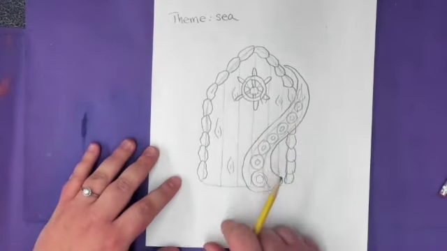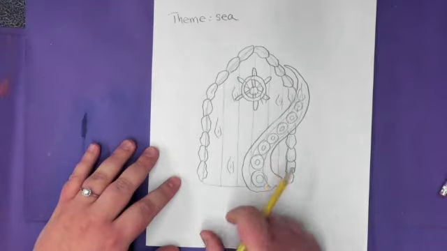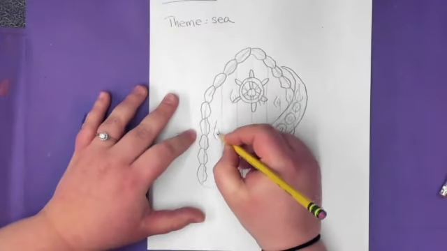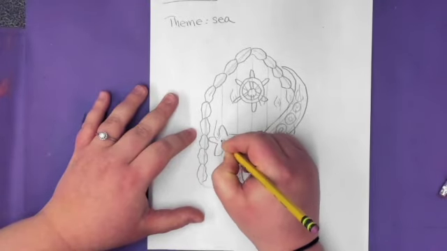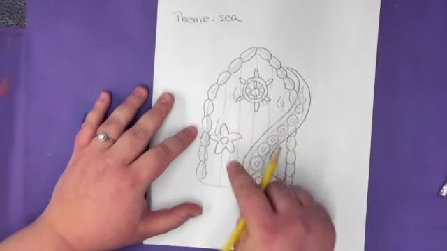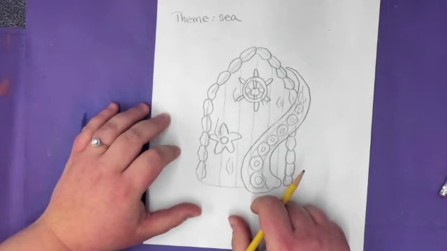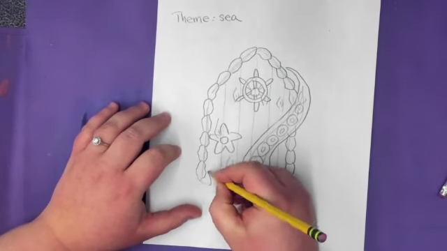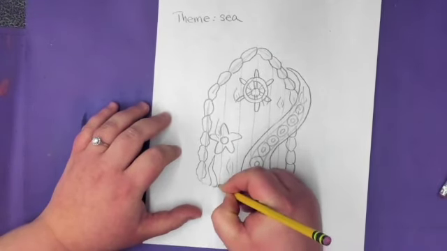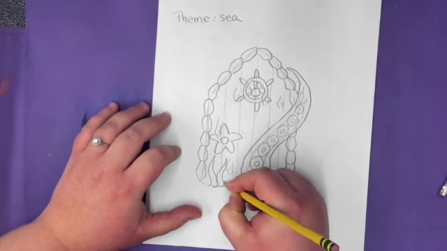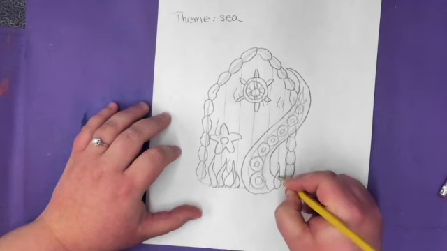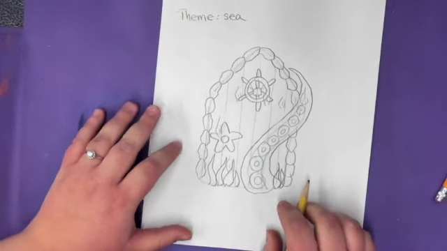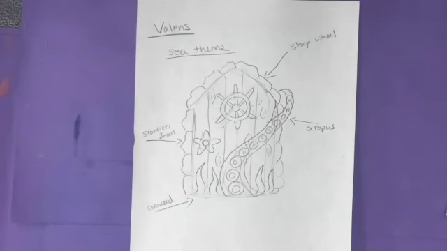And then I need to think about what I want my doorknob to look like. And I think I want to do a starfish, maybe with a little pearl inside, or I could do a clam with a pearl inside. And then also under the sea, I think I'm going to have some seaweed or maybe some different types of coral on there, going around, maybe going over Mr. Octopus. And also label everything.